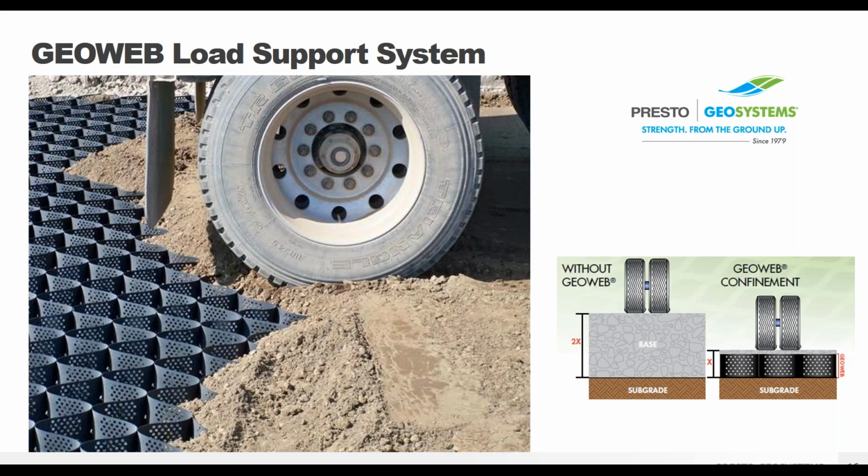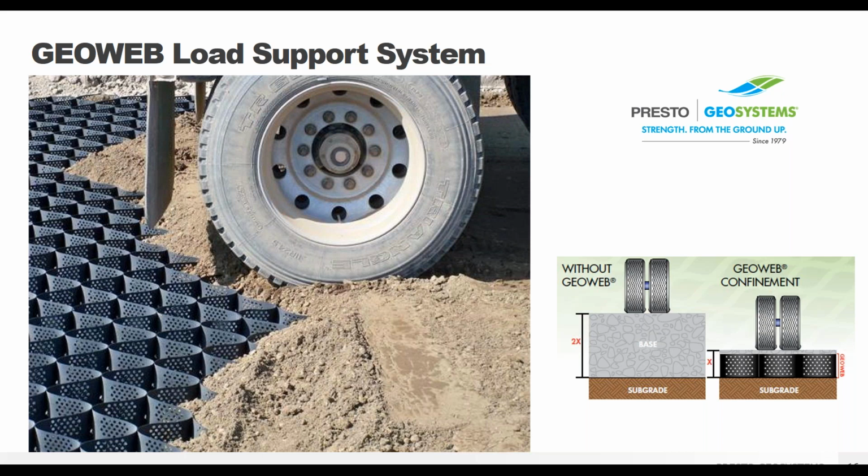Okay, and so here you can actually see how the load support system works and how it can benefit when you're using an 80,000-pound loaded dump truck, which is going to be a standard AASHTO HS25 loading parameter. So anything that's going to be basically allowed on a highway without special permits. And so it's actually on a partially filled GeoWeb system.